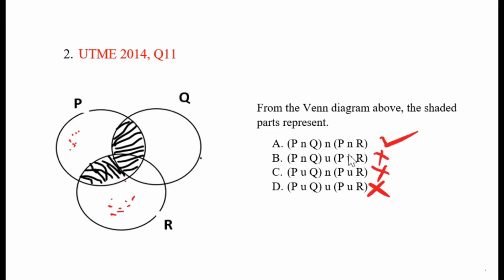Yeah, option A is the right answer, which is P intersection Q. Remember our 3-set representation. We say that this area is the intersection. So this area here is the intersection, P intersection Q intersection P intersection R. So A is the right answer.